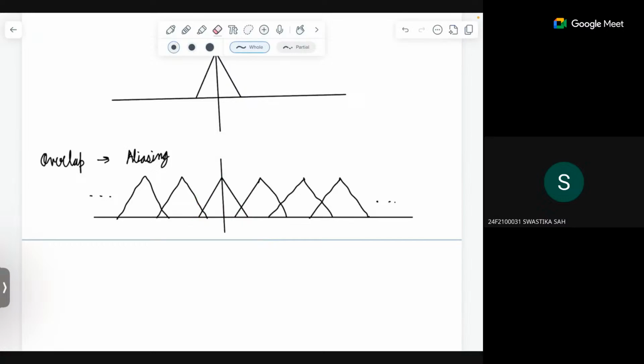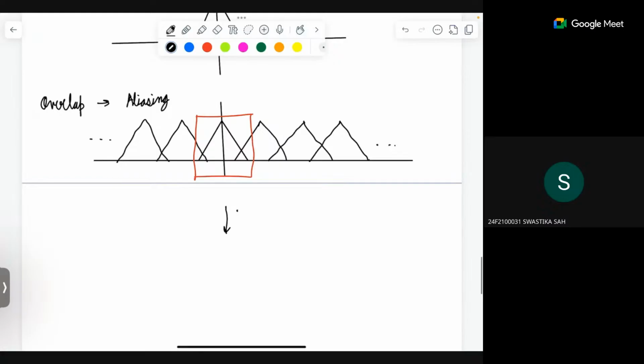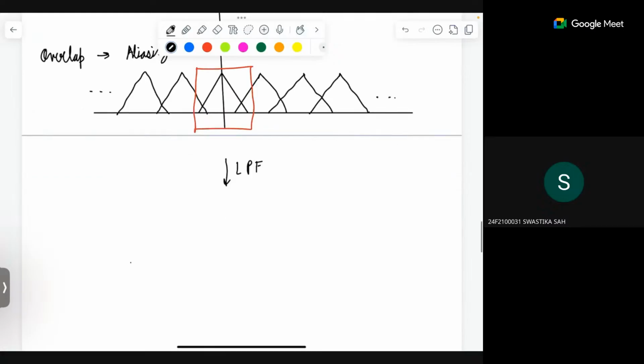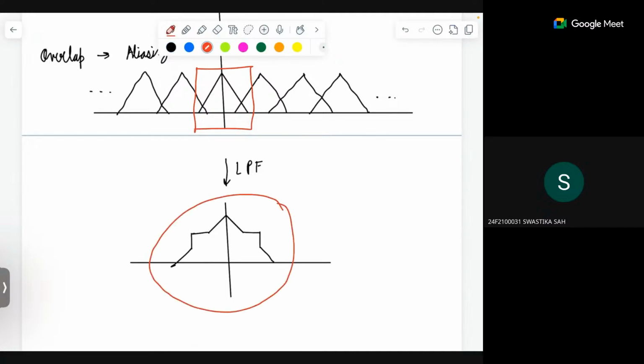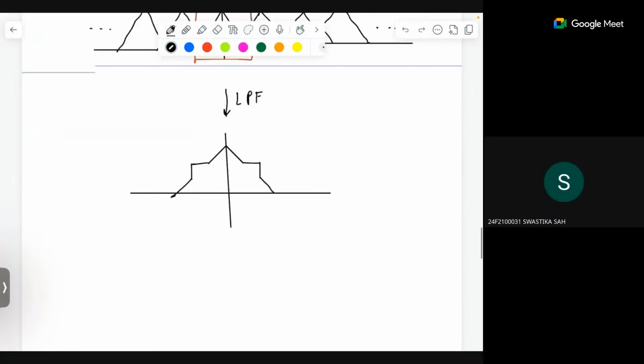So if I apply a low pass filter over here, I will in fact get something like this, a shape which will not give me my x(t) back. And if we find the inverse Fourier transform of this, that will not be x(t). So this is what happens in overlapping.